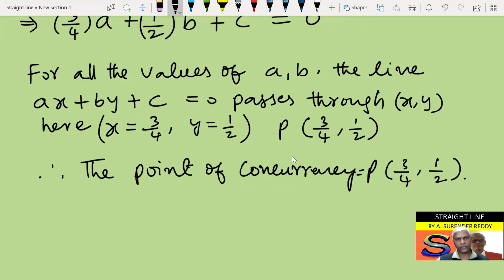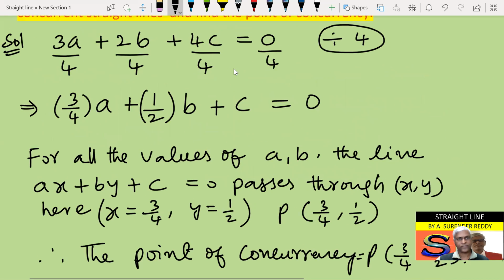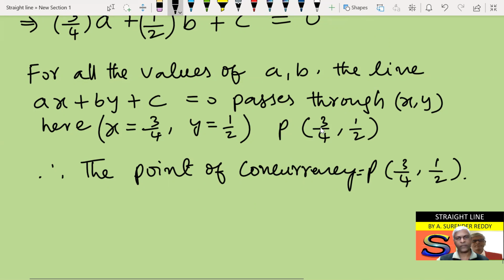All the equations, all the straight lines, pass through this point. So this is the family of equations, all pass through this common point P, 3 by 4, 1 by 2. So this is the point of concurrency.